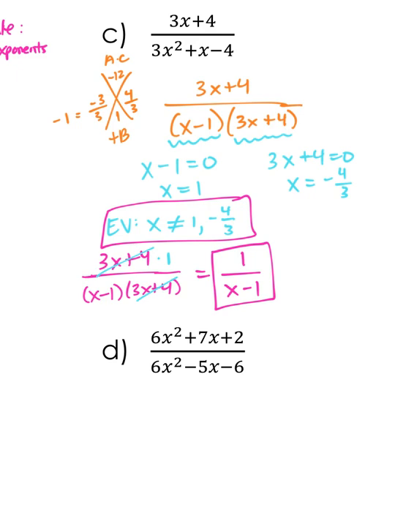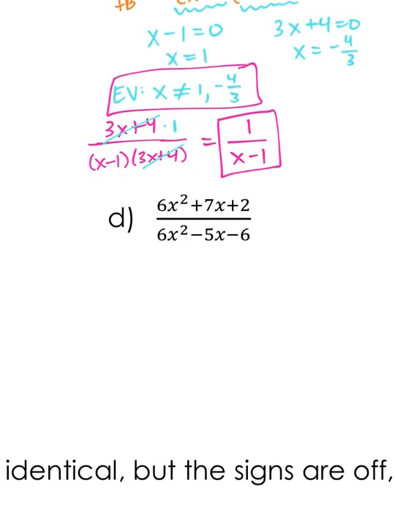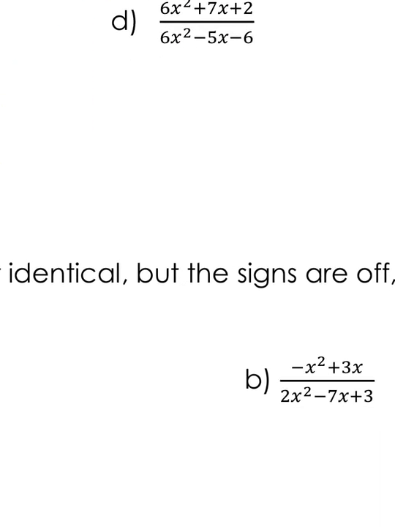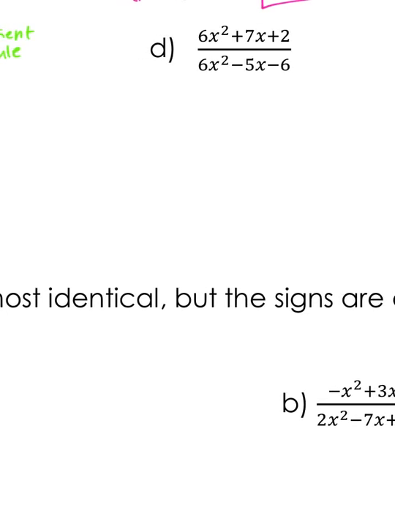All right, D, we're going to have to factor both of these. So I'm going to start with the numerator. So a times c gives me 12. B is 7. So I'm looking for numbers that multiply to make 12 and add to make 7. That's going to be 3 and 4.